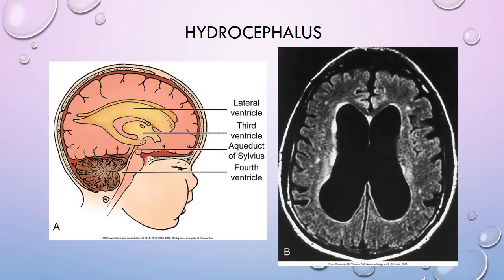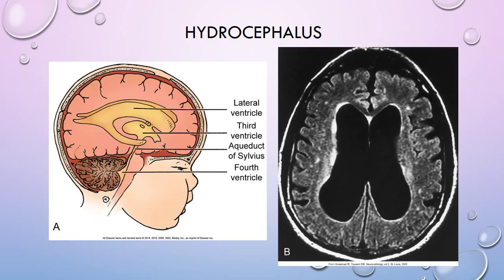It's most commonly acquired by an obstruction, a sequela of infections or perinatal hemorrhage, usually apparent in early infancy. Other causes include neoplasms, infection, and trauma, often associated with myelomeningocele. Symptoms depend on the site of obstruction and the age at which it develops. Look at box 45-10. Review the clinical manifestations of hydrocephalus.